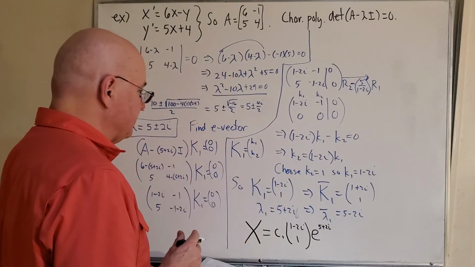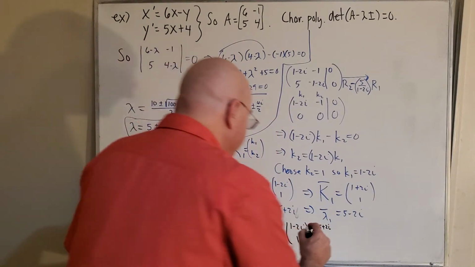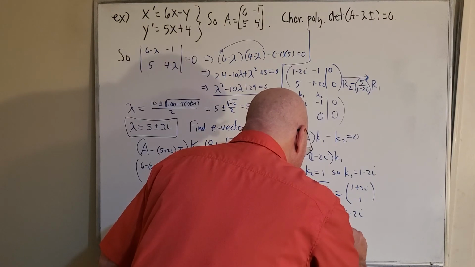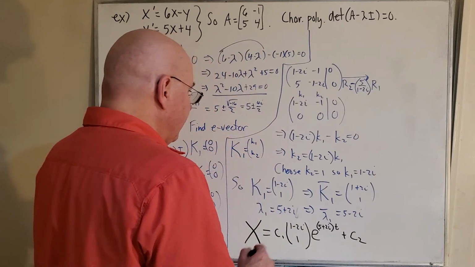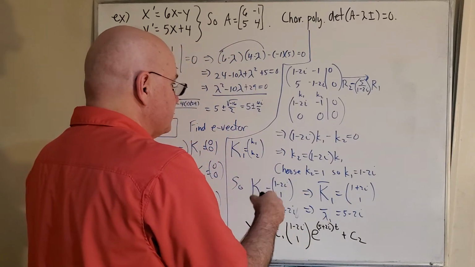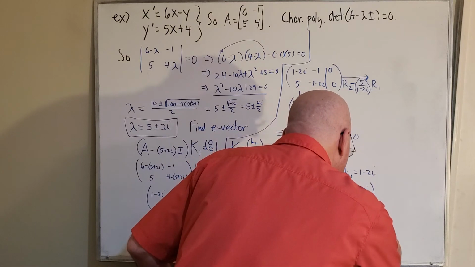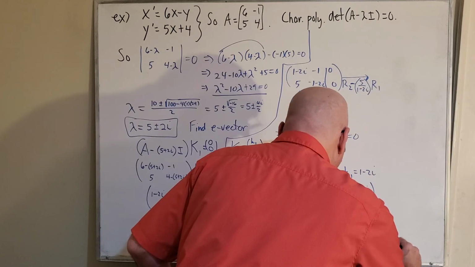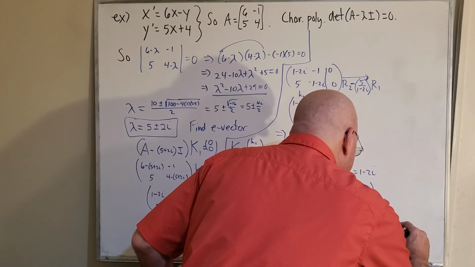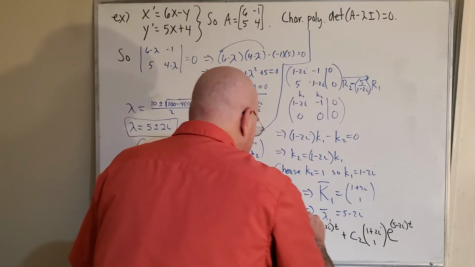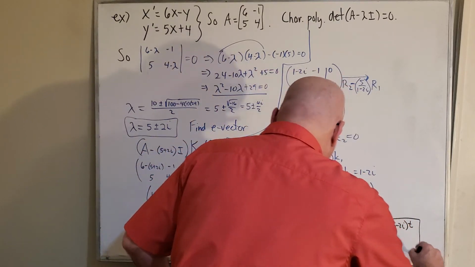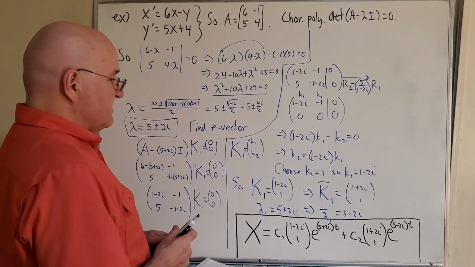I said i instead of t. And the second term is going to have a c2, and it's going to be this k1's complex conjugate, e to the 5 minus 2i t. And that is the solution.